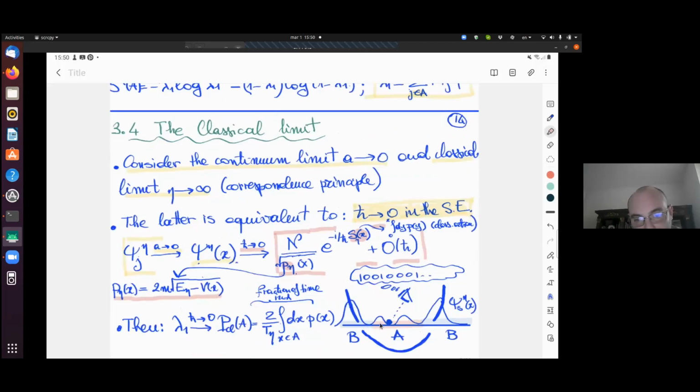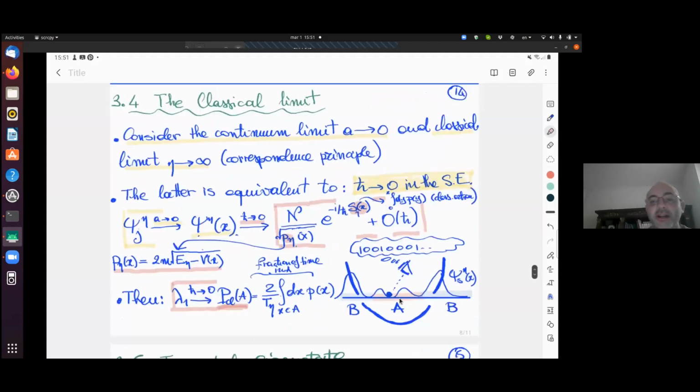So this is a semi-classical WKB wave function, and lambda 1 will be just the h bar goes to 0 limit of the modulus square of the semi-classical wave function integrated within region A. This simply gives the classical probability, defined as the fraction of time that the classical particle spends within region A.